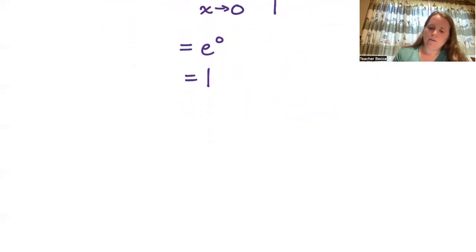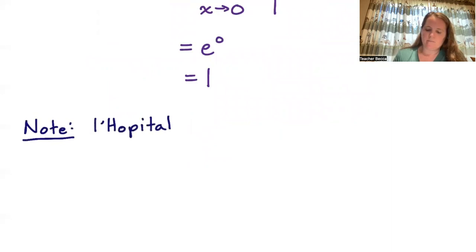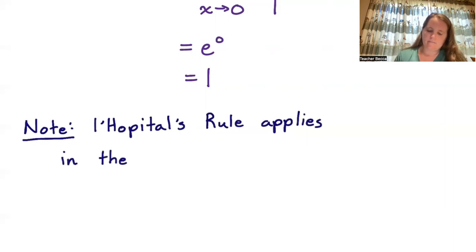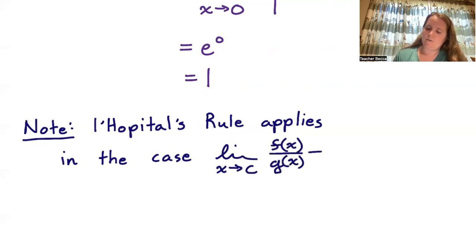So just a couple quick notes. L'Hopital's rule applies in the case that our limit as x goes to c of f of x over g of x goes to 0 over 0 or infinity over infinity.